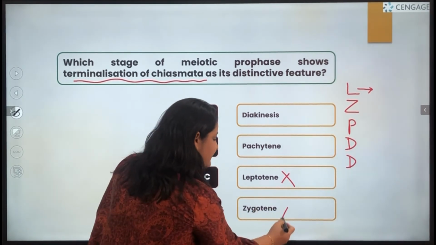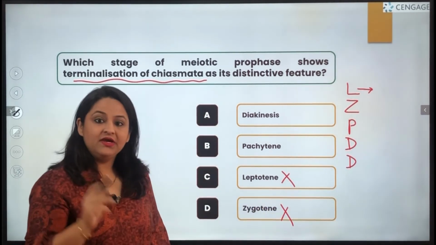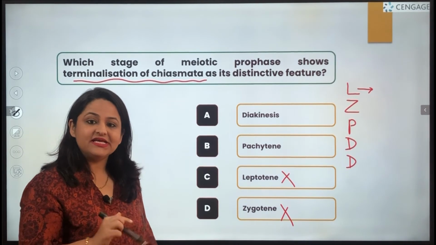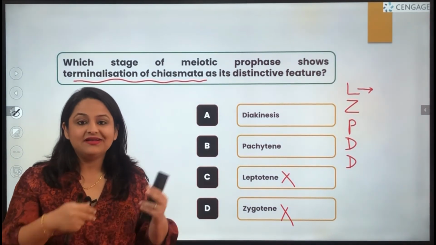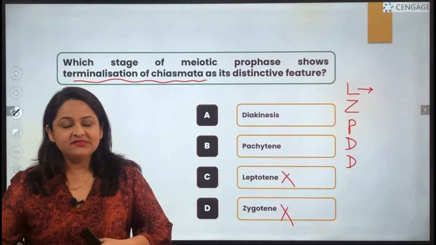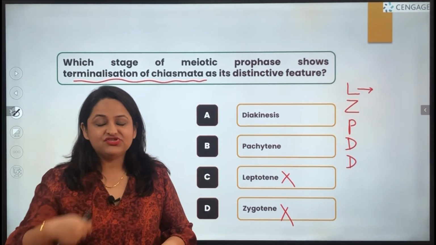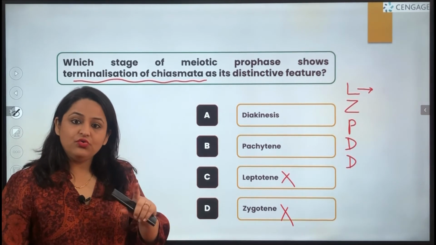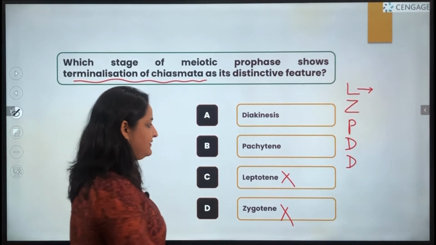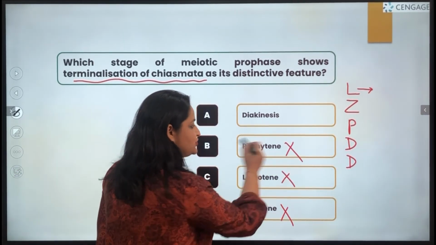So obviously zygotene will also not be the option. Then pachytene is that stage where crossing over is taking place, that is exchange of segments, where non-sister chromatids are exchanging their segments. So crossing over is seen in the case of pachytene. So obviously this will also not be the option.